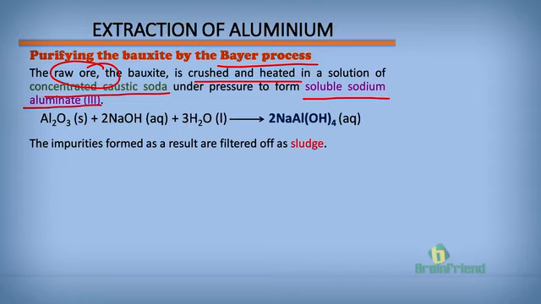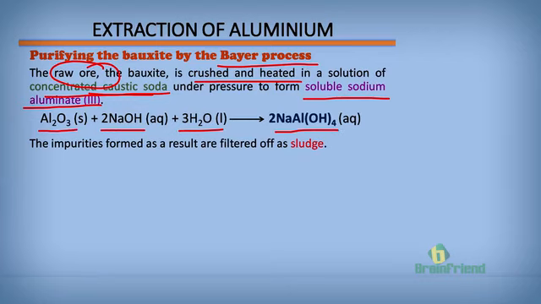So this bauxite, when crushed and heated in a solution of caustic soda, forms sodium aluminate, and this sodium aluminate is what? Soluble.